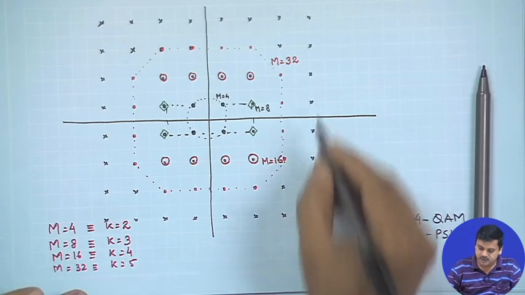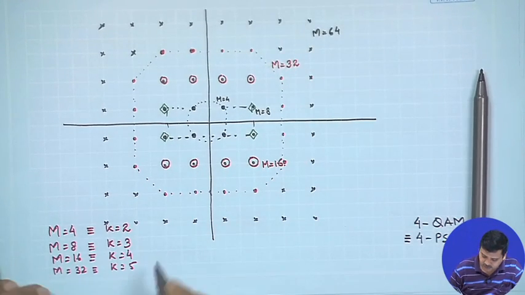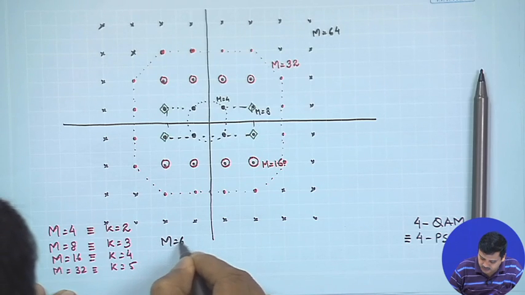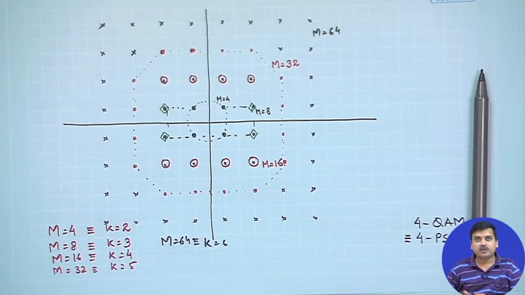So, if you do this, then you end up with m equals to 64, and when m is equal to 64, this would mean k equals to 6. So, what we have done effectively is we have been able to easily scale the constellation for 2 bits per symbol to 3 bits per symbol to 4 bits to 6 bits and so on and so forth.